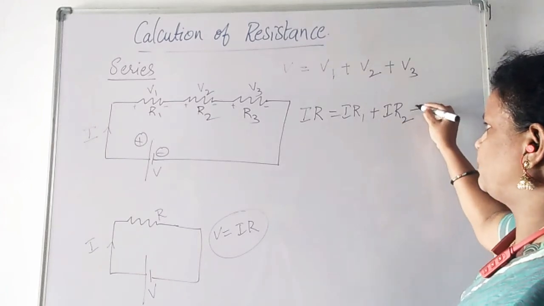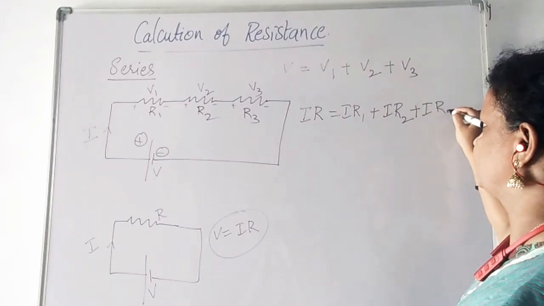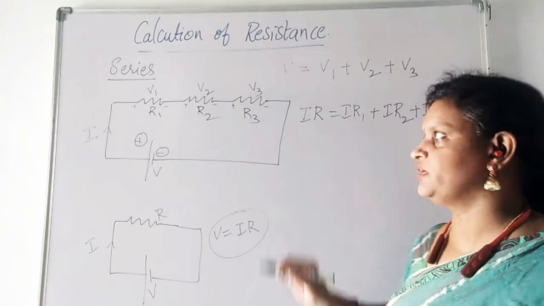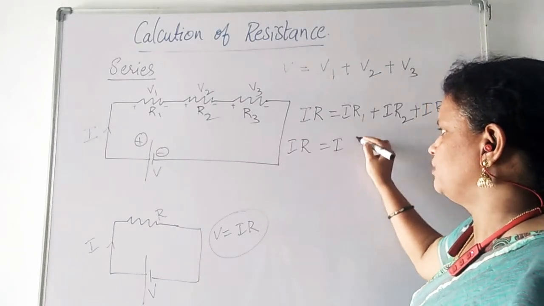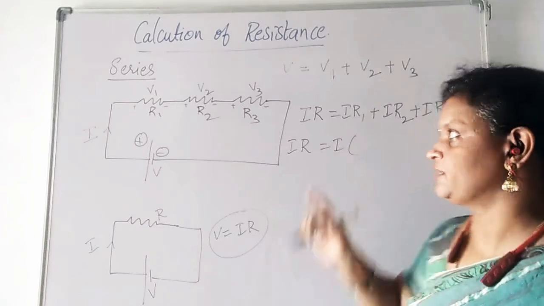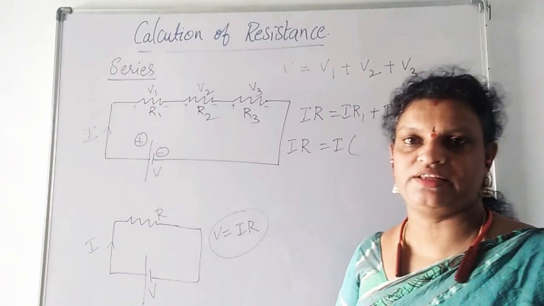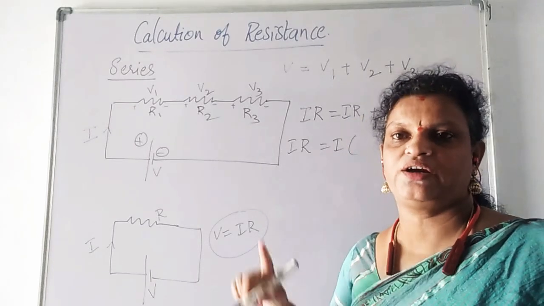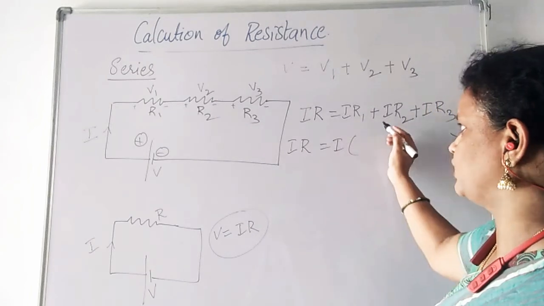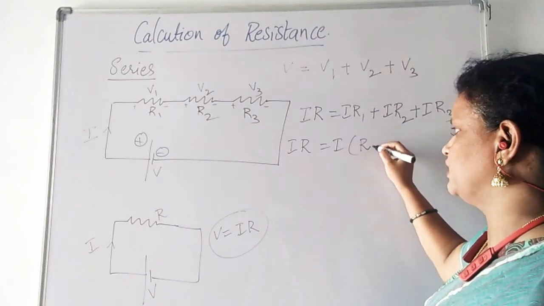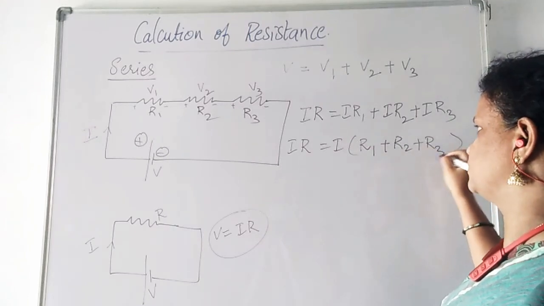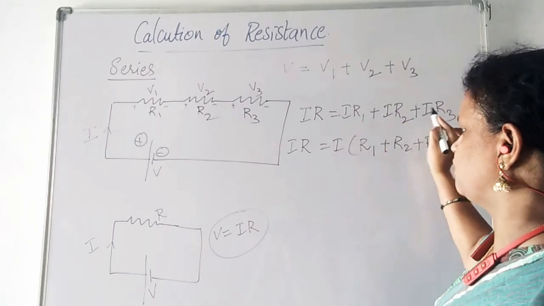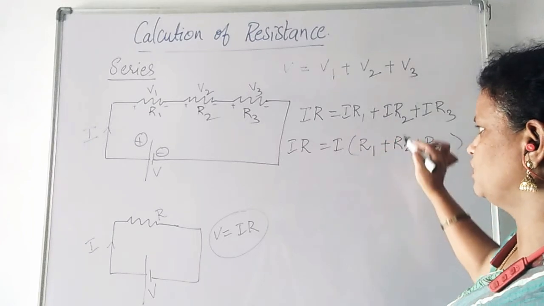So IR is equal to IR1 plus IR2 plus IR3. Now I am taking I as common, because everywhere in IR1, IR2, IR3, I is there. So I will take it out. Then we can write R1 plus R2 plus R3, with the remaining R1, R2, R3.